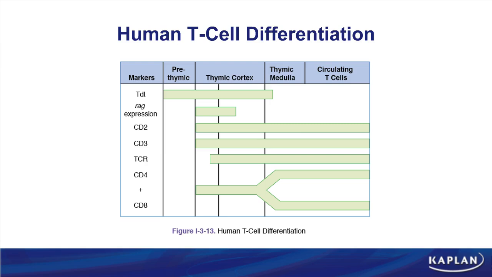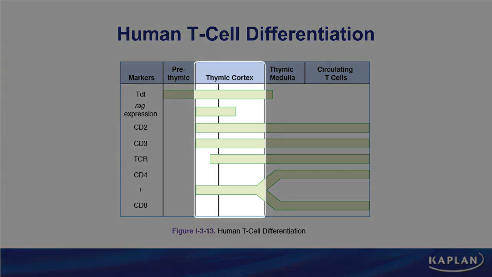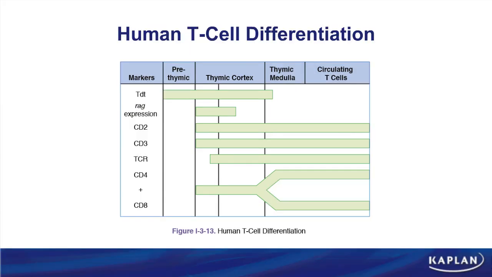Now, as the T cells, or prethymic cells, enter into the cortex of the thymus, they are going to start undergoing gene rearrangement. And in order to undergo gene rearrangement, you're going to see the increased expression of RAG1 and RAG2. Also, as I start to rearrange my genes, I'm going to start to see the expression of some additional markers like CD2.